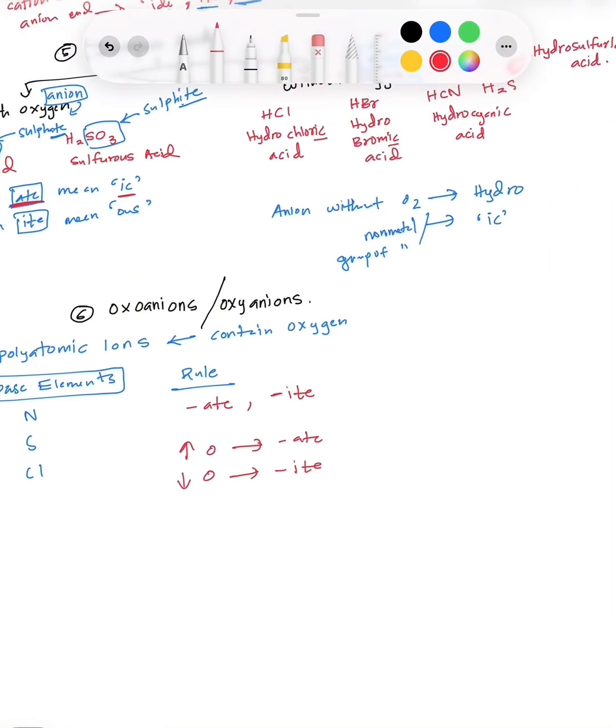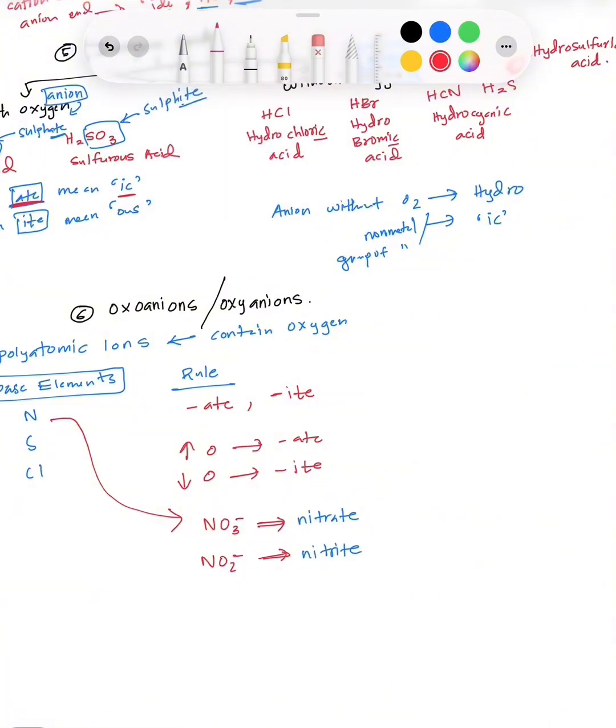Now let me take an example for the nitrate series. If I take this and this, if there is more oxygen, it will end in -ate. So here nitrate. And if there is less oxygen, it will end in -ite. So this is nitrite.